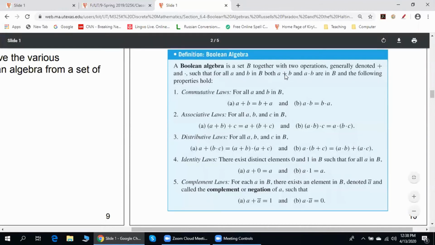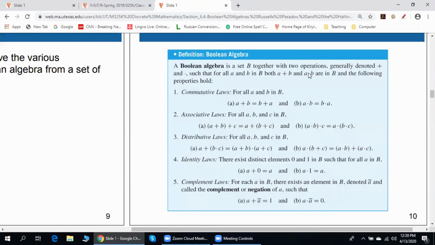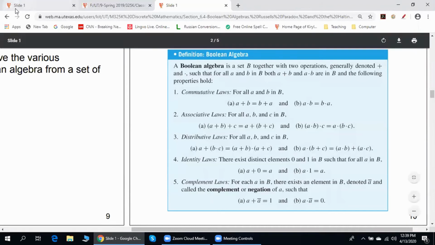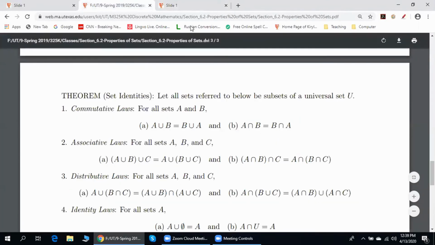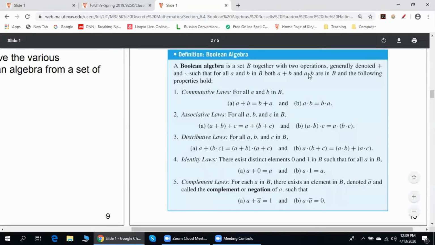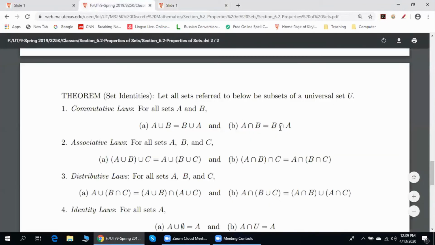You can call this operation plus, you can call this operation times. In particular, plus in Boolean algebra means union in sets, and times means intersection in sets.